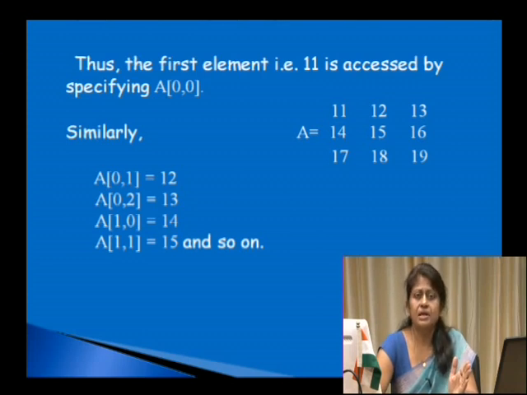Here it is the 0th row and the 0th column. So, when you say A[0][0], it means that we are talking about the first element of the array. When we say A[0][1], we are talking about the first row, second element of the array, and so on it goes.